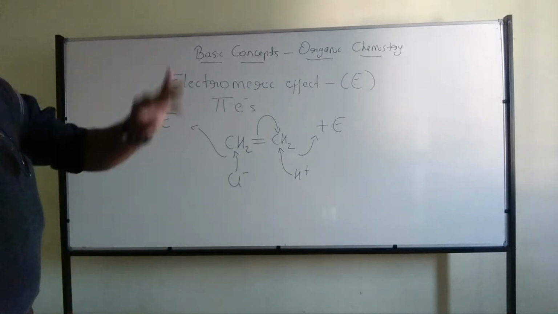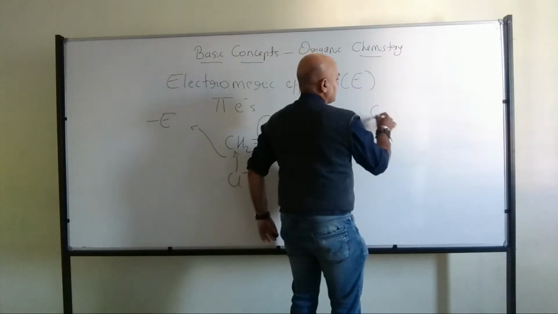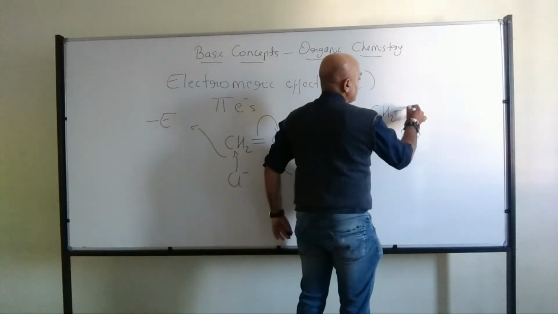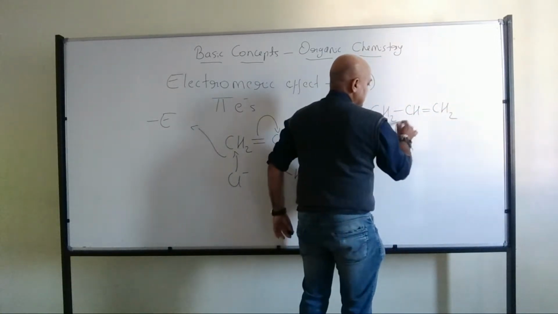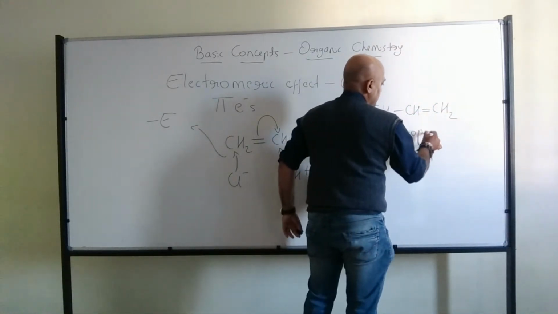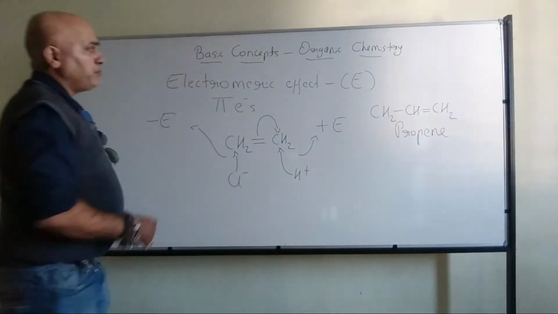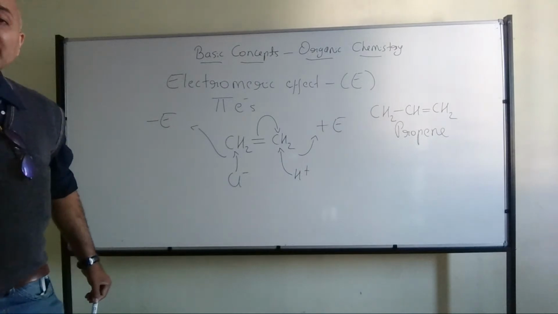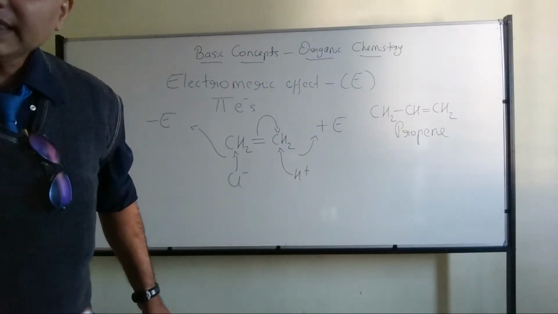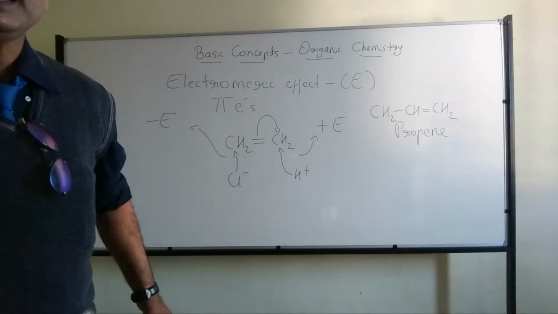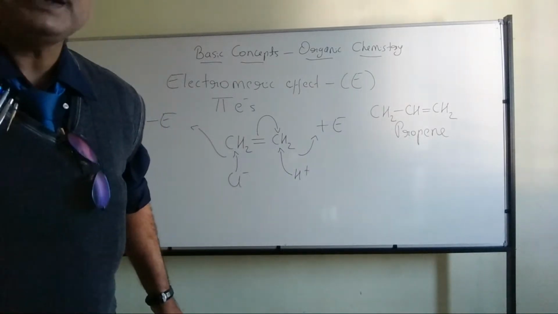Now, for example, if I take propene, CH3-CH=CH2, propene is an example of an asymmetric alkene, whereas ethene is an example of a symmetric alkene.